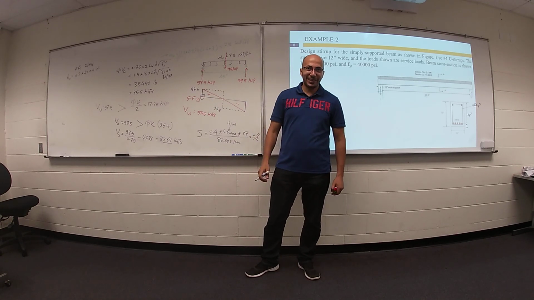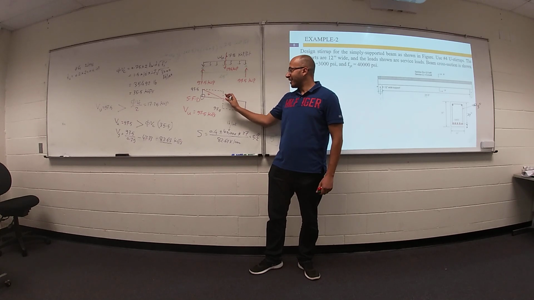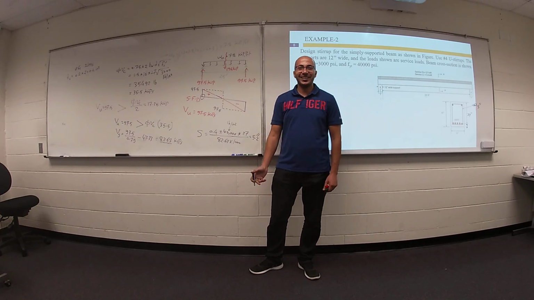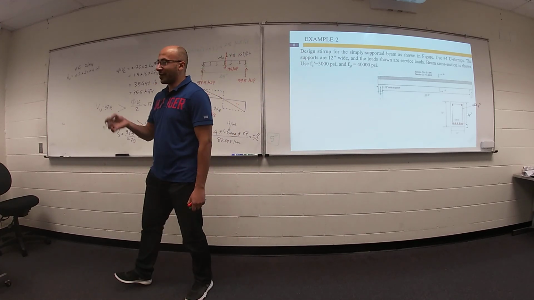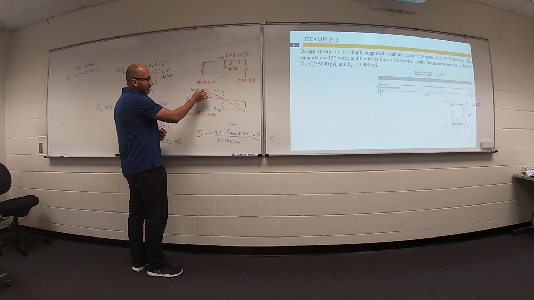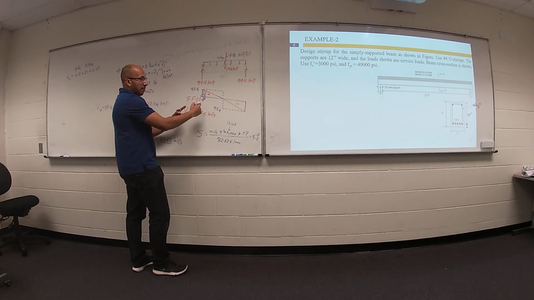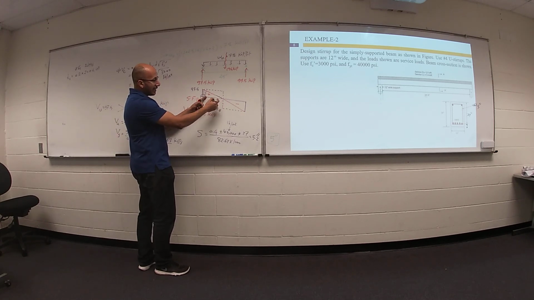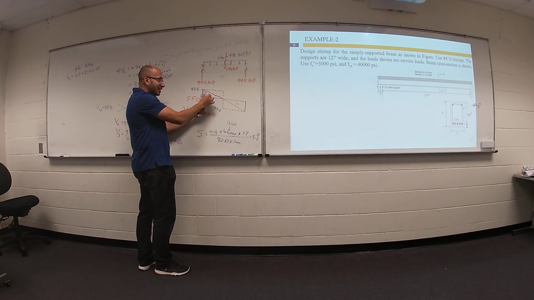It's not economic to make your stirrups at 5 inch everywhere, even where you don't have shear. So if you would like a more economic design, at this location I need stirrups every 5 inch. But after this distance, your shear force becomes smaller and smaller, so I will make my stirrups spacing bigger and bigger.